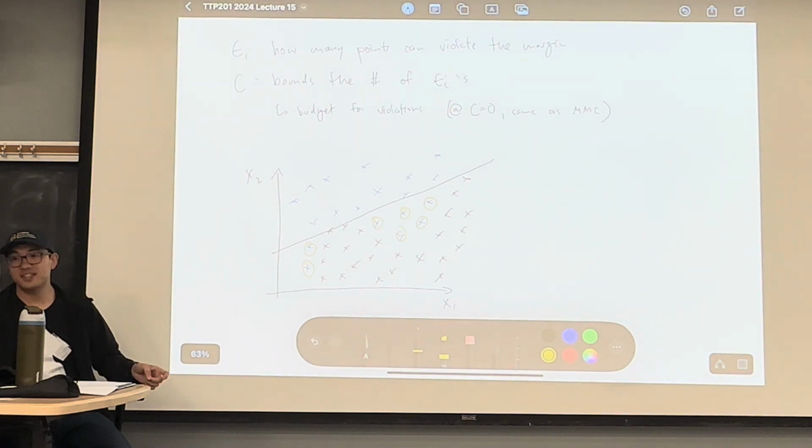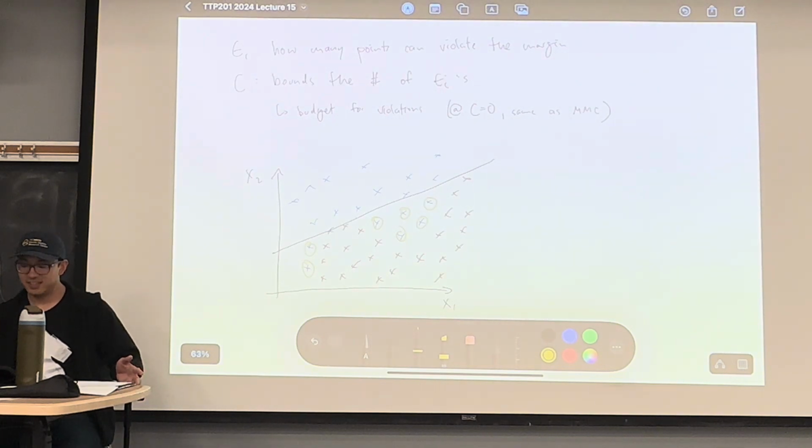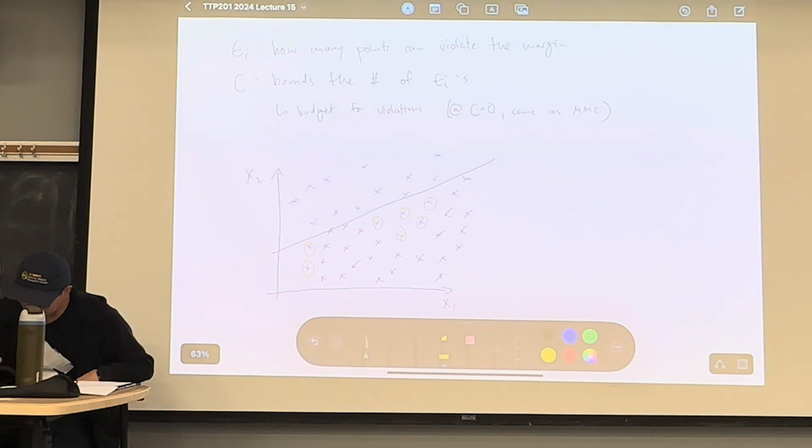So drawbacks. What do you guys think? Yeah. There's clearly a non-linear divider which would work better in this. Yeah. Okay. So you are talking about this, right? If I drew, yeah, something like this.